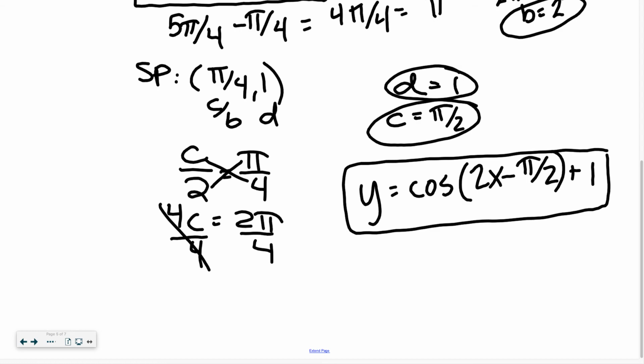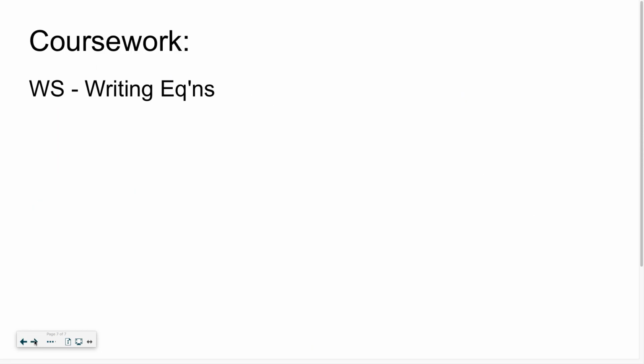Okay, now if you glance over the worksheet, notice that on the front side, these are going to go by pretty quickly because the starting point for all the frames are where? 0, 0, so you know C and D are zeros. Right? You really got to find A and B's and then what the correct graph is. On the back side, you might want to make a little note to yourself.